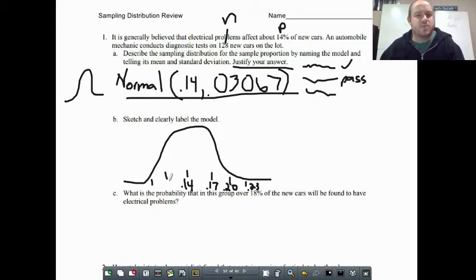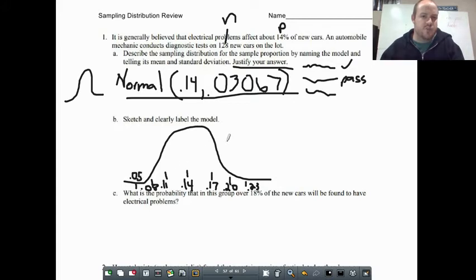And to go down this way, you would do the 0.11 because 14 minus 3 gives you 11. Minus 3 again will give us the 0.08. And the last one down here is going to be 3 less than that, which is going to be our 0.05.